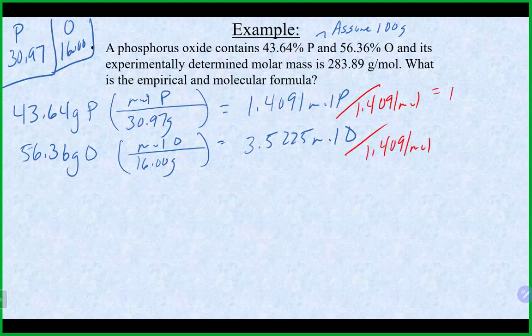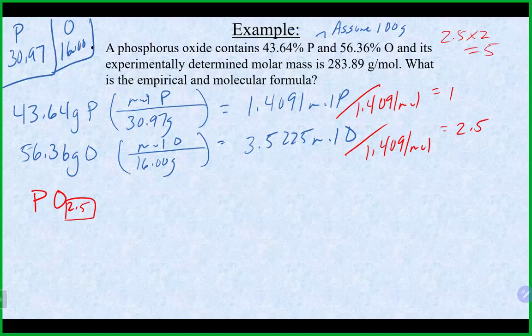We're going to divide them both by that. That gives us 1 for phosphorus, and when we do the second one by 1.409, that gives us about 2.5 in this case. That would give us an empirical formula of PO2.5. As we know, that is not so great. So as you could probably imagine, we can multiply by a factor of 2 in this case, and that would turn the 2.5 into a 5.